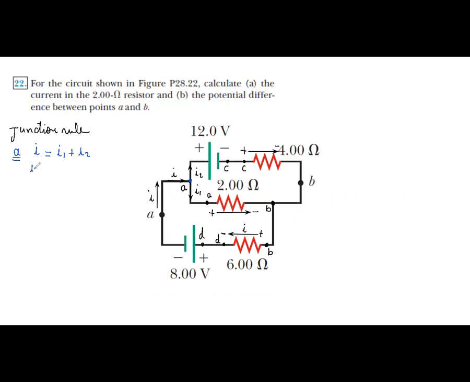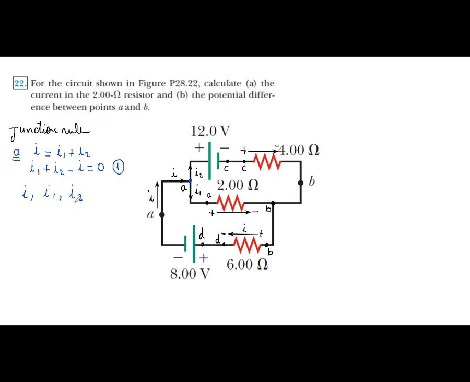So we can write I1 plus I2 minus I equals 0. This is the first equation. We have three unknowns, I, I1, and I2, so we need 3 equations to find these variables.